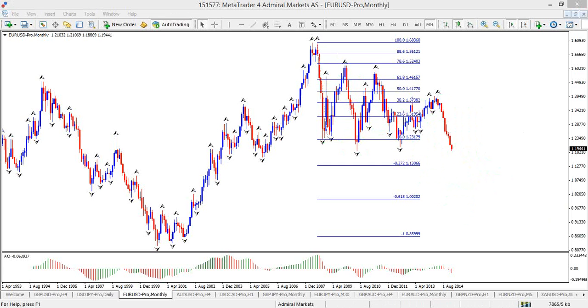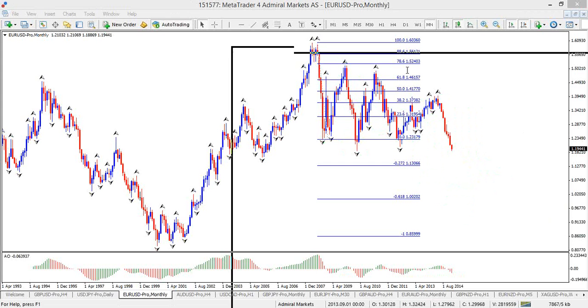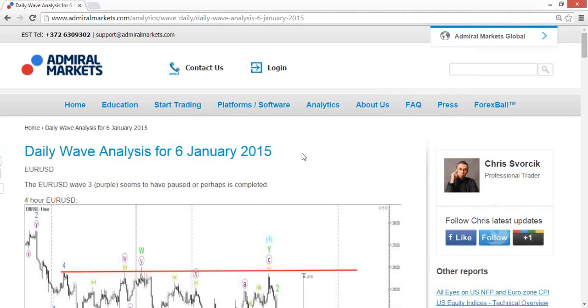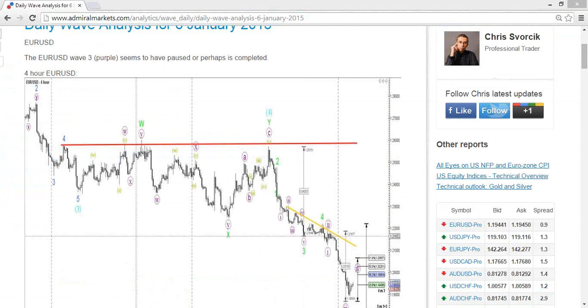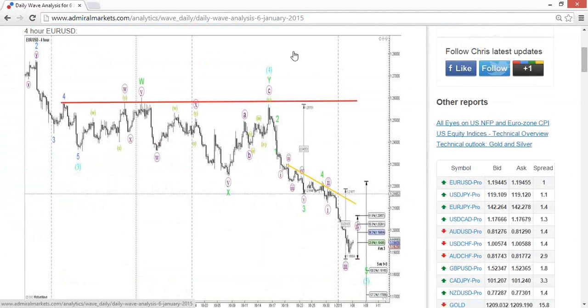Let me quickly show you what the wave analysis here is saying with regard to the euro dollar.